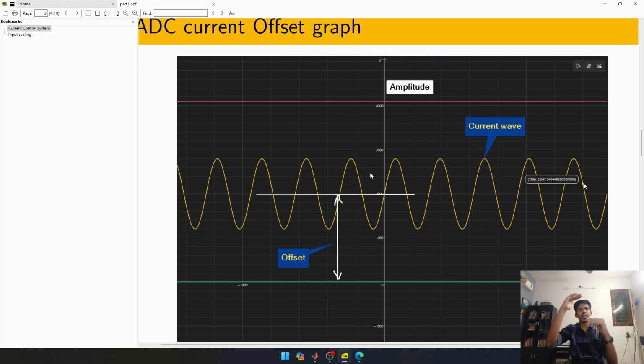If you don't add this bias, the negative half will be clipped, and only the positive half cycle will come to the microcontroller. So we add a voltage bias in the op amp, and then the entire waveform will be shifted.